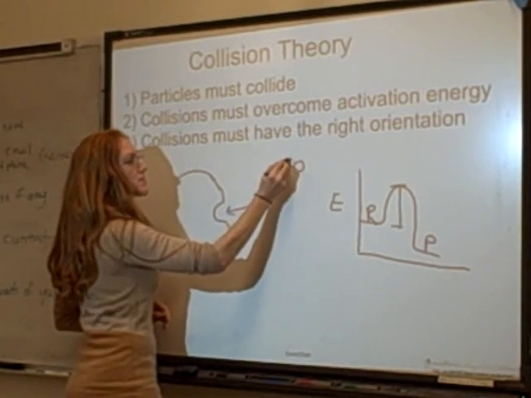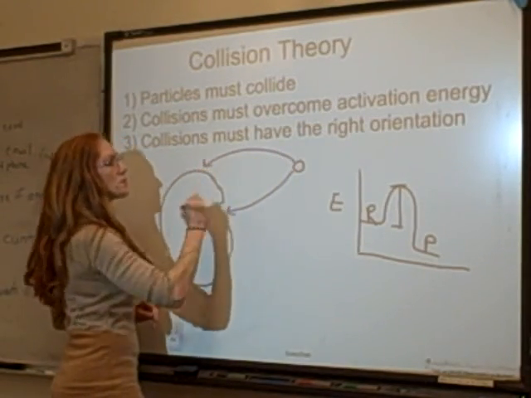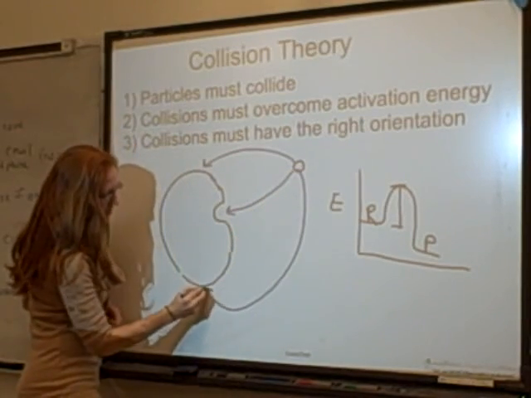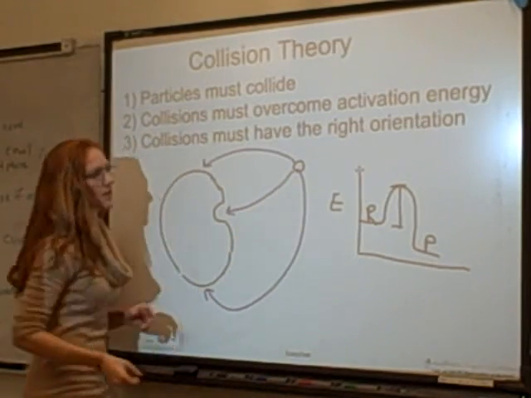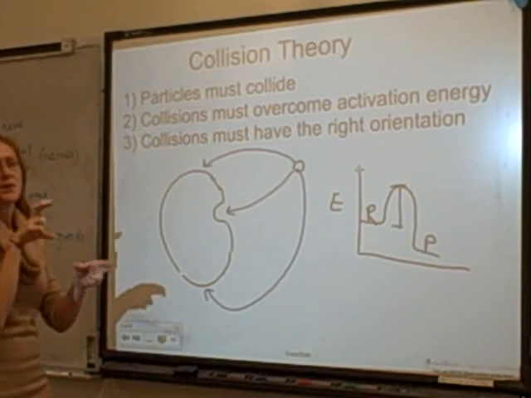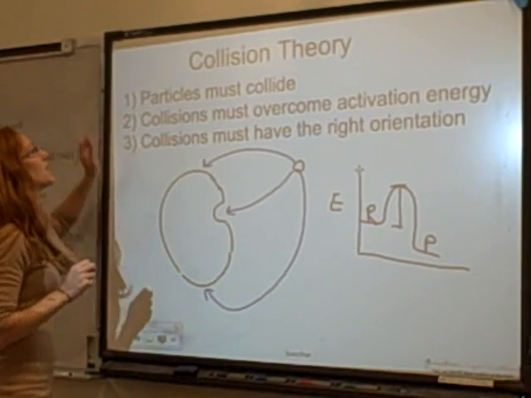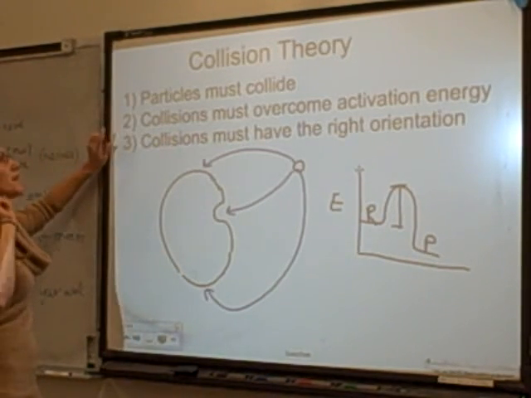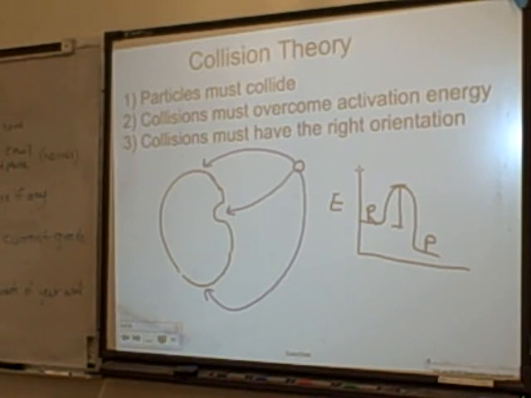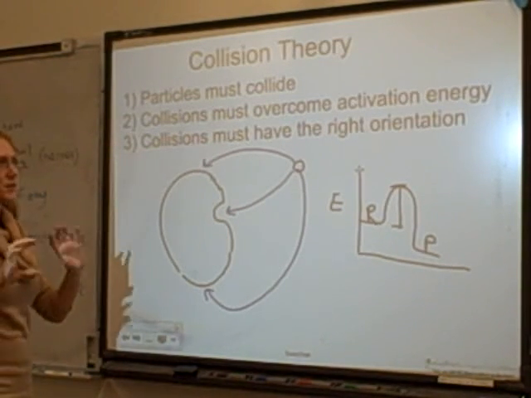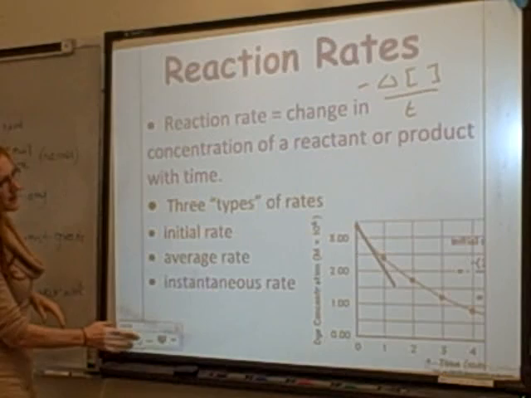If this particle hits over here, there's no reaction, or if this particle hits over here, there's no reaction. So you could think of it as reactive parts of a molecule have to come in contact. So the particles have to collide, they have to collide hard enough to overcome activation energy, and they have to have the correct orientation to react.